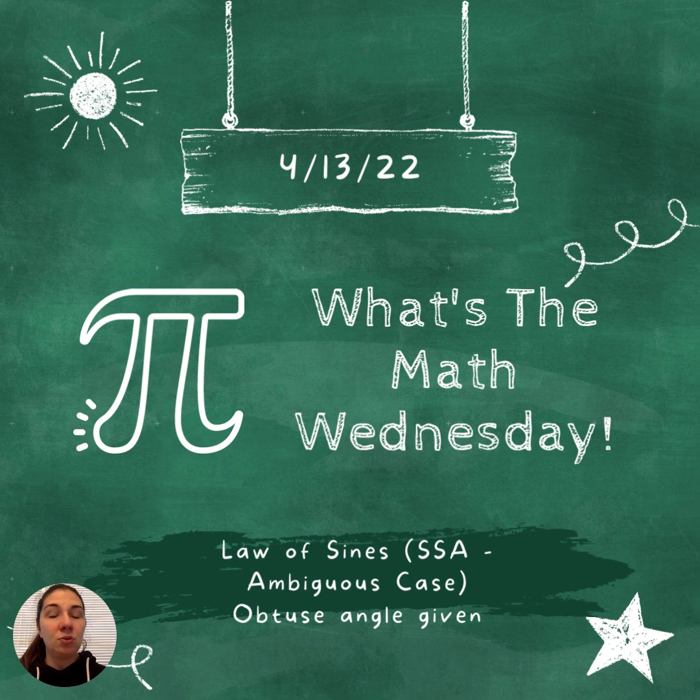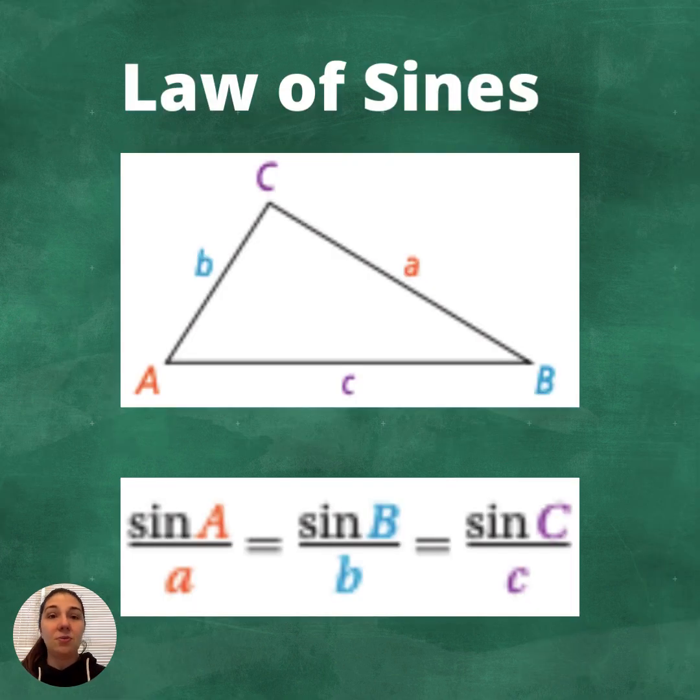Today, I'm going to talk about when you're provided with two sides and an obtuse angle. And again, it's a non-included angle, which basically just means the angle isn't directly in between the two sides. Okay, so reminding you, this is the formula for law of sines. It's the sine of an angle over the value of the side opposite of it, equal to the sine of a different angle over the length of the side opposite of that.